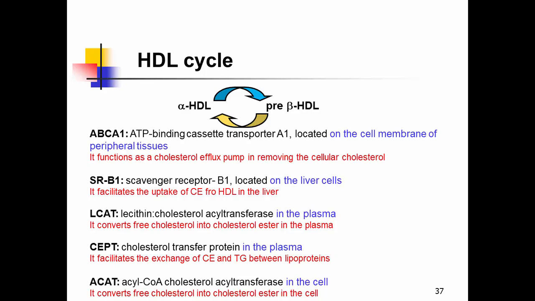That makes sense. So it functions as a cholesterol efflux pump, transporting free cholesterol from peripheral tissue to the beta HDL.